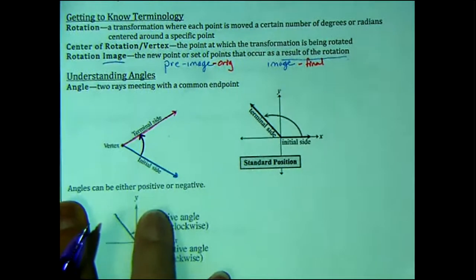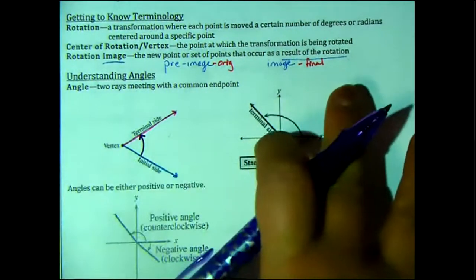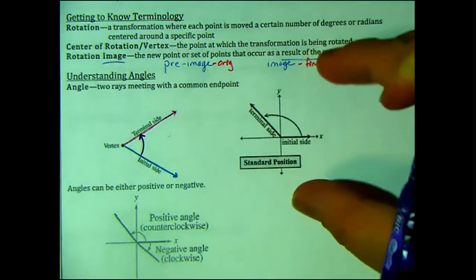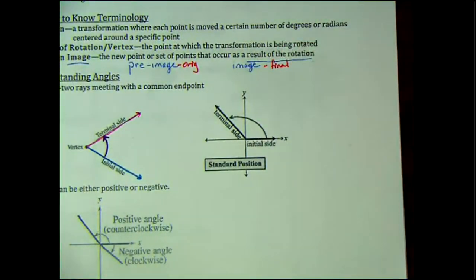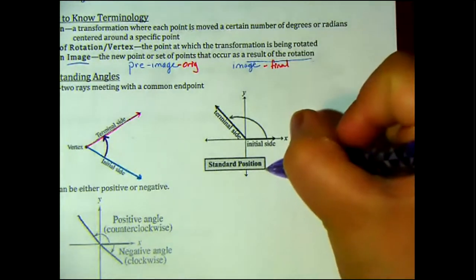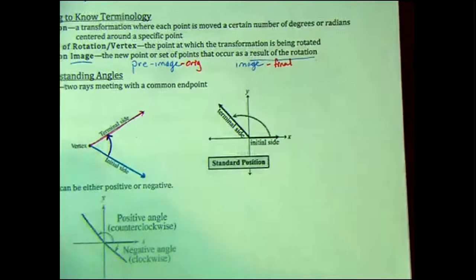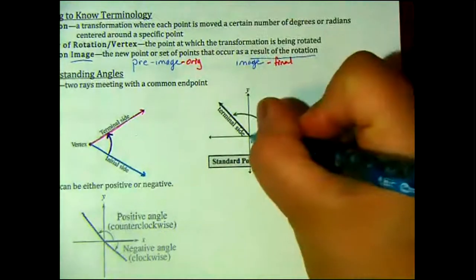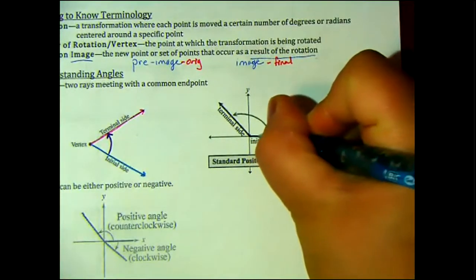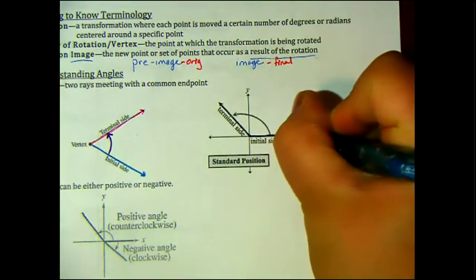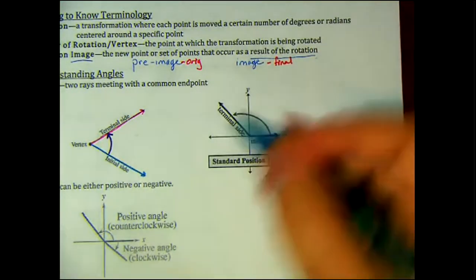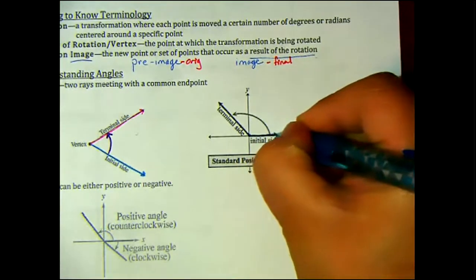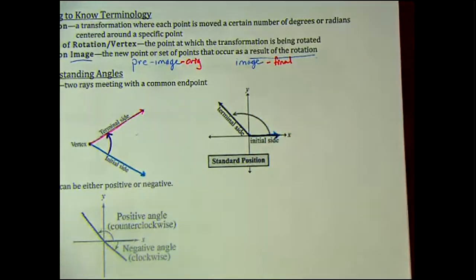Now, in the case of magnitudes of rotations, or in the case of an XY table and trig and your unit circle, the standard position of an angle usually means that our initial side is the positive x-axis, essentially the positive x-axis of quadrant 1.